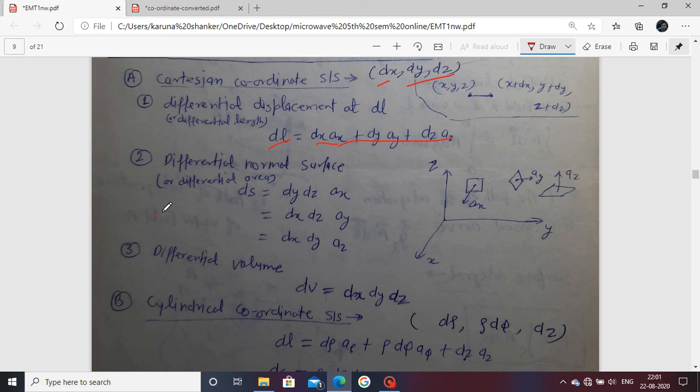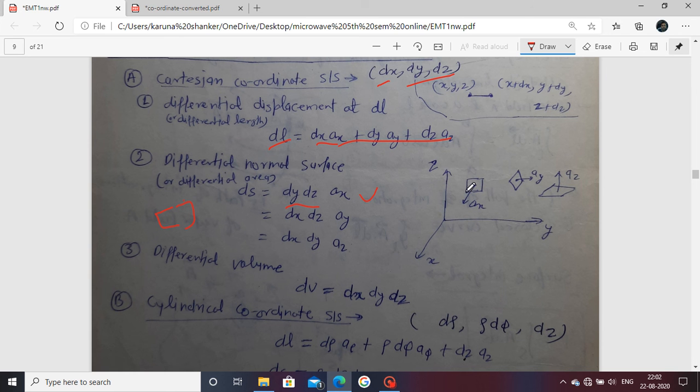For a surface, you very well know that the surface is calculated as length multiplied by width. That's why only two values are used: differential dy dz, dx dz, and dx dy, with the unit vector.